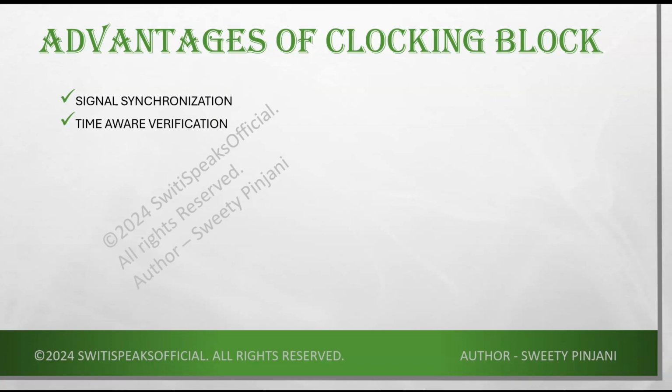If you don't use clocking block, it is possible that when you code assertions or write functional coverage, it will lead to race conditions. But if you already use clocking block, these things can be avoided. That's why clocking block is very useful in time aware verification.